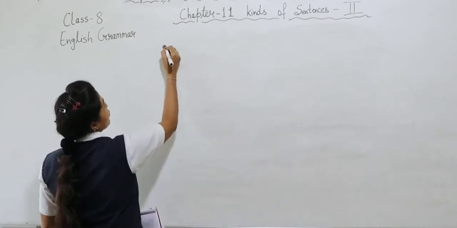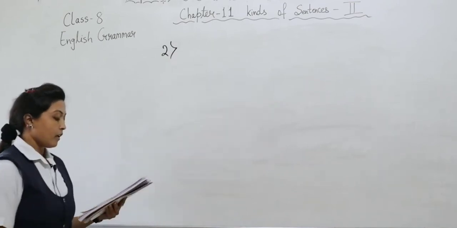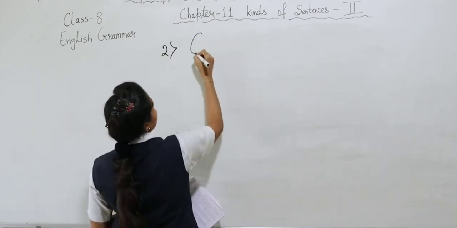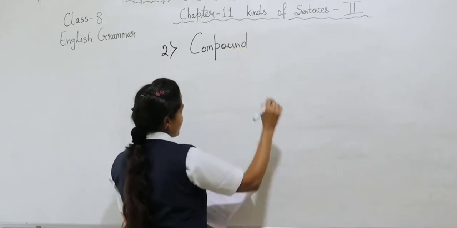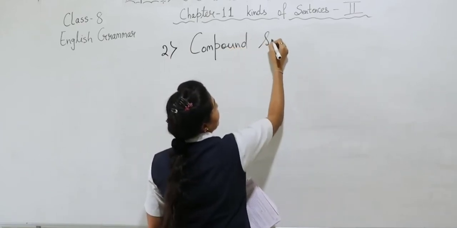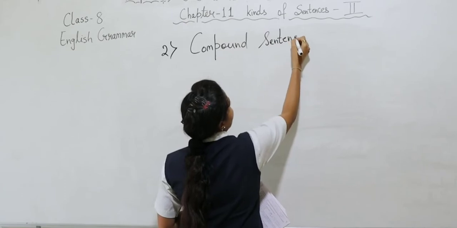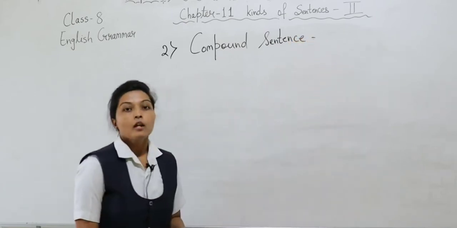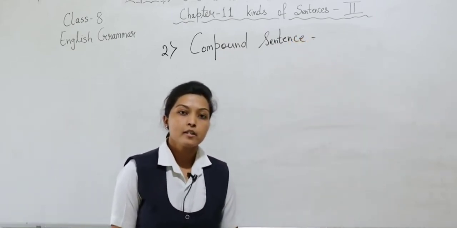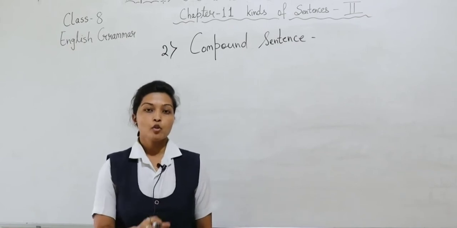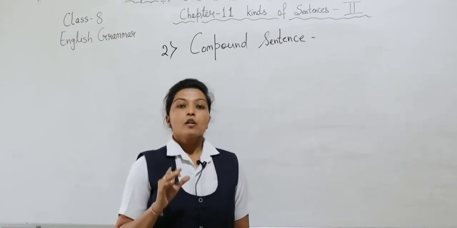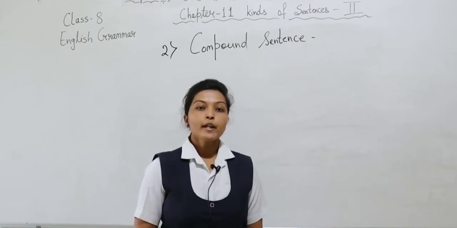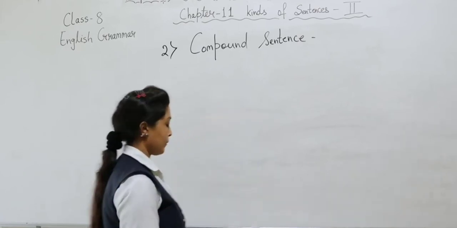Then after 2, that is compound sentence. Now, compound sentence must have 2 or more than 2 clauses joined by coordinate conjunction.